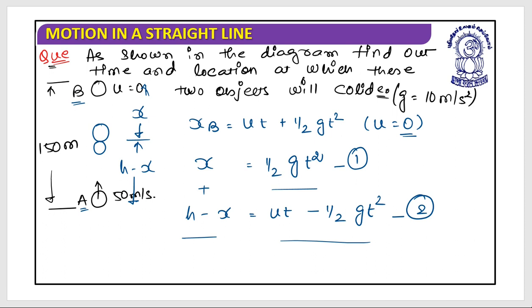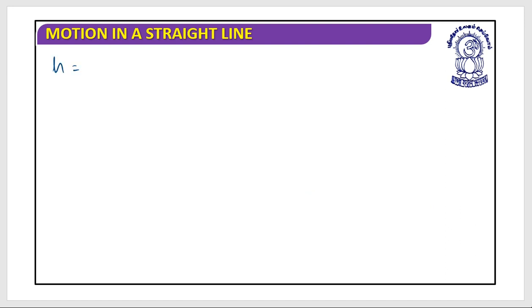This is x plus h minus x, so it would be h is equal to plus half gt square minus half gt square plus ut. So what I have is h is equal to ut. Thus h is equal to u into t.